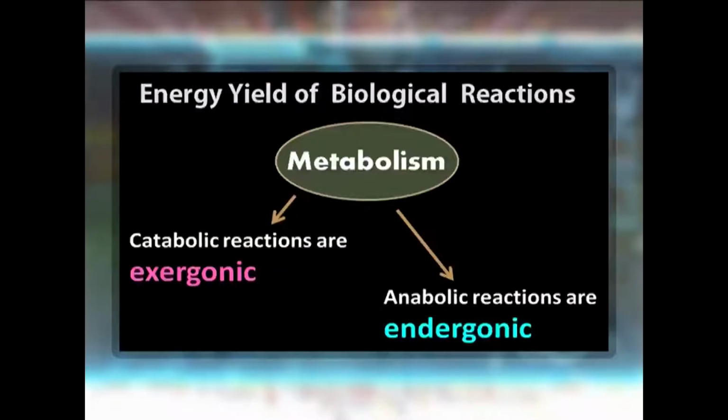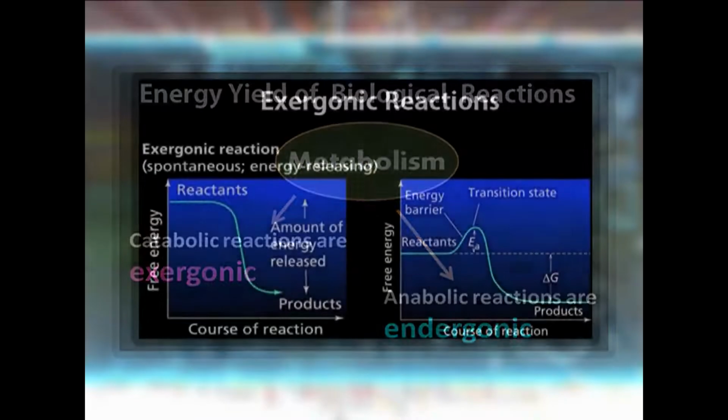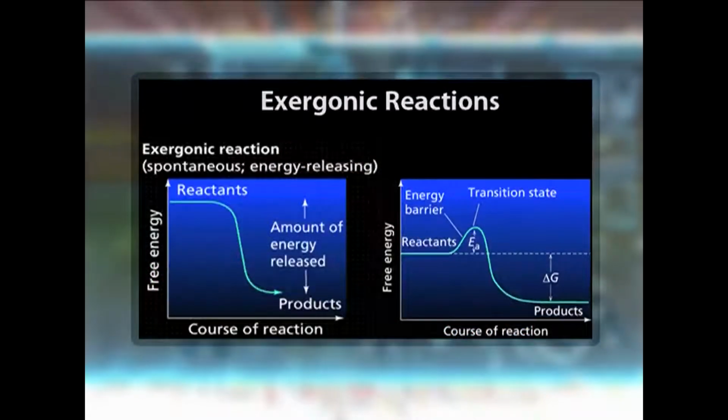Now the metabolic reactions, which are the collection of all chemical reactions that are happening inside an organism, can be classified into exergonic reactions and endergonic reactions depending on energy requirement. Now an exergonic reaction is one which gives out energy. In that case, the energy of the reactants is higher than the energy of the products.